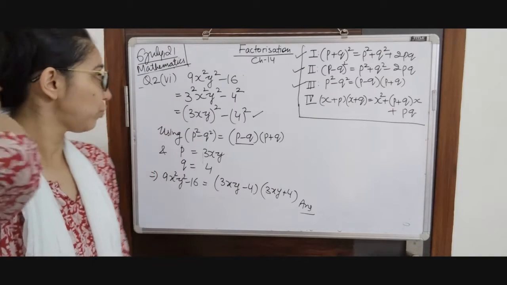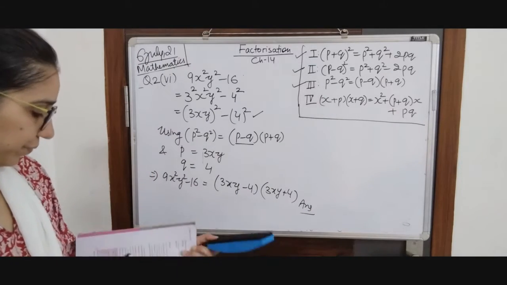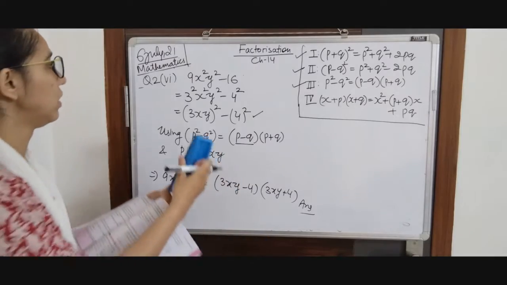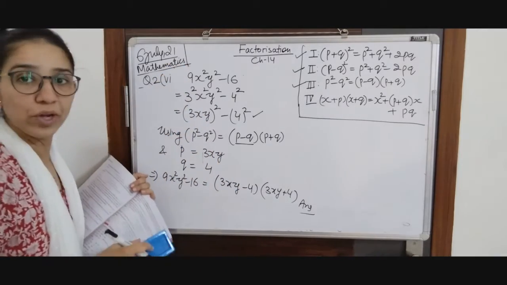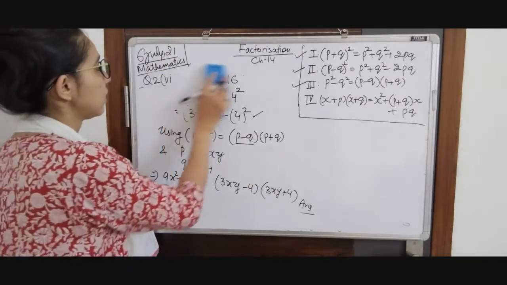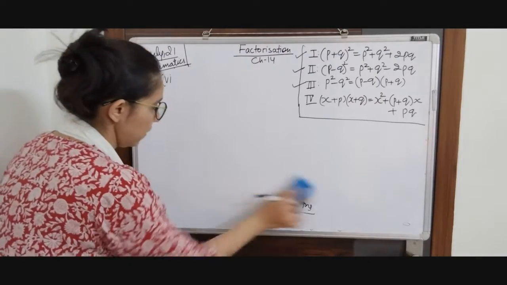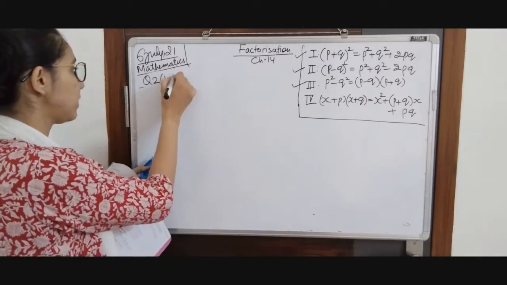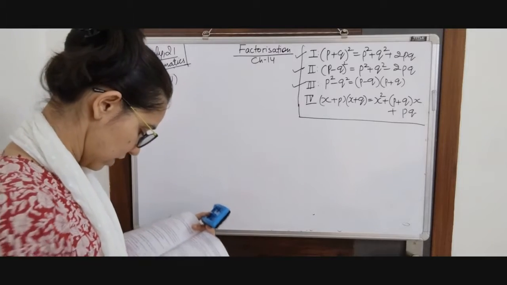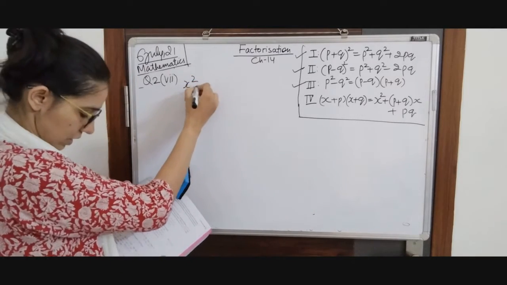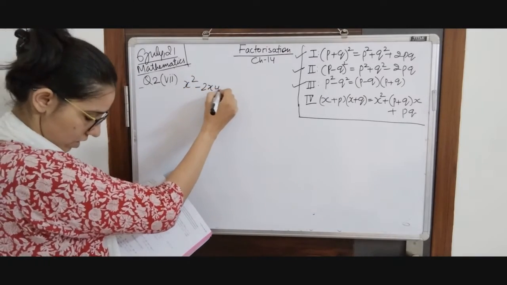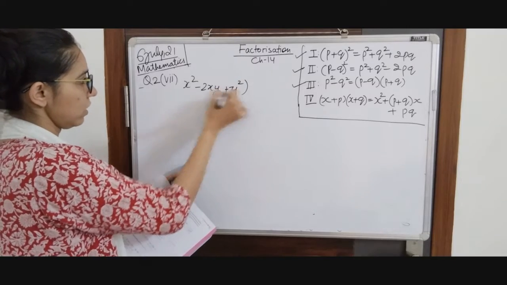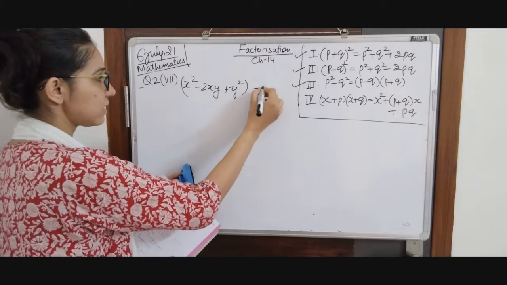Next we have part number 7: x square minus 2xy plus y square minus z square.